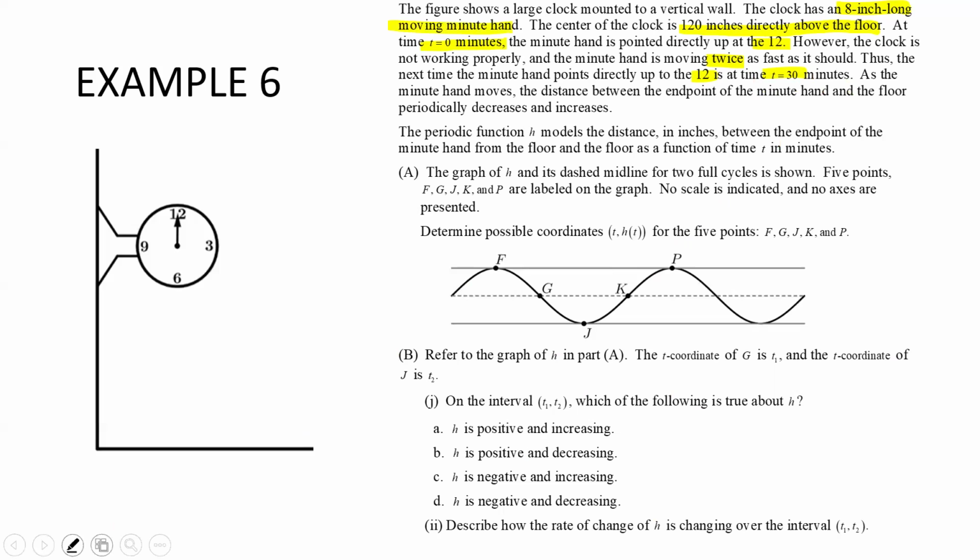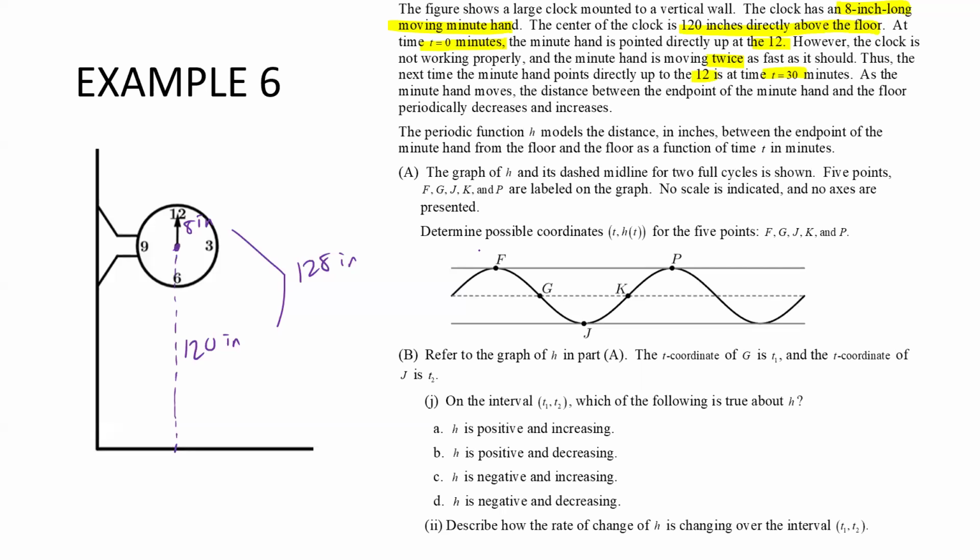Okay. All right. So looking at our picture here, things that we can start off by noting is that this is 120 inches, and this little guy is 8 inches. So at its highest point, how high is the very tip from the ground? 128 inches. So our highest points have to be 128.